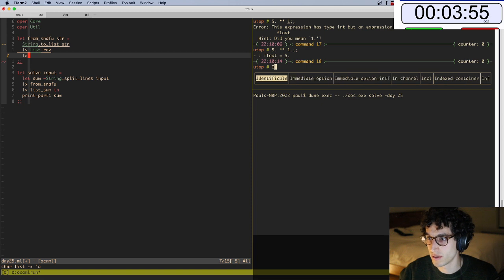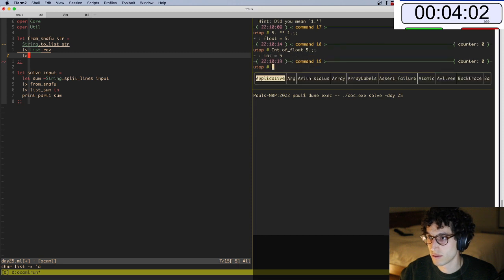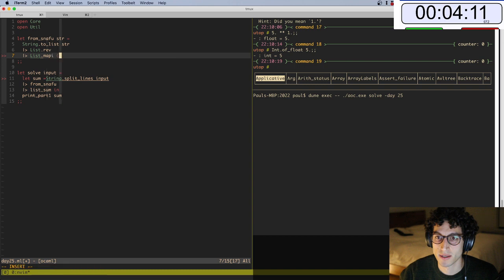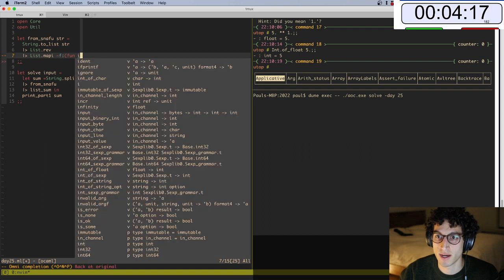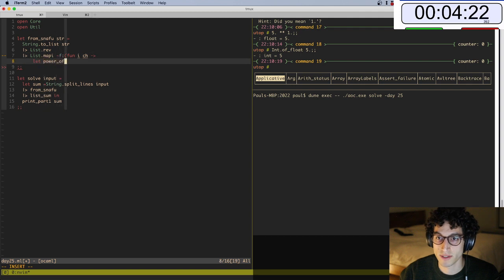Float, Int.of float. List.mapi, fun i ch -> let power of 5 equals Float, Int.of float, i plus 1.